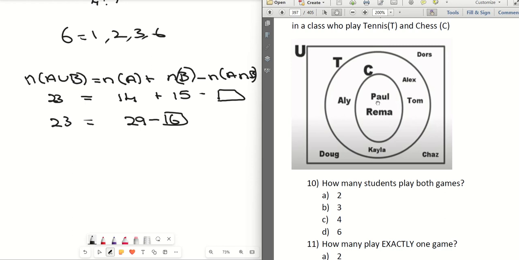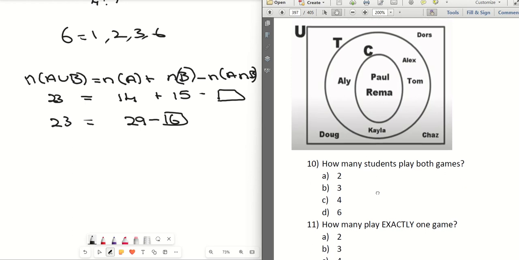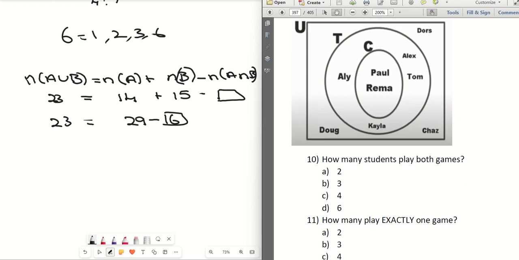So we know that Paul would be in the two circles. So Paul is in chess as well as tennis, and Rima is in chess and tennis. So the number of students that play both would be 2, which for number 10 is A.